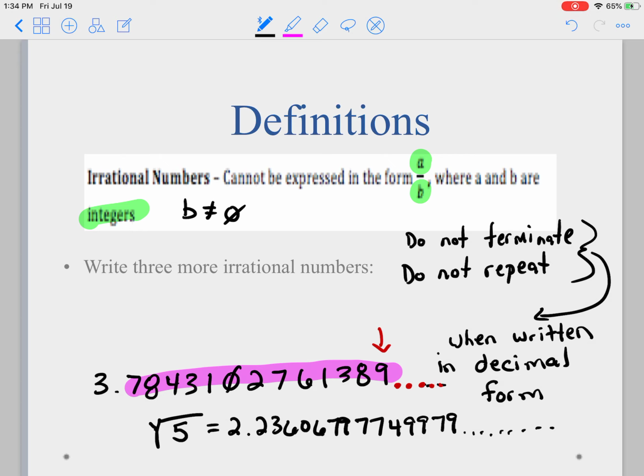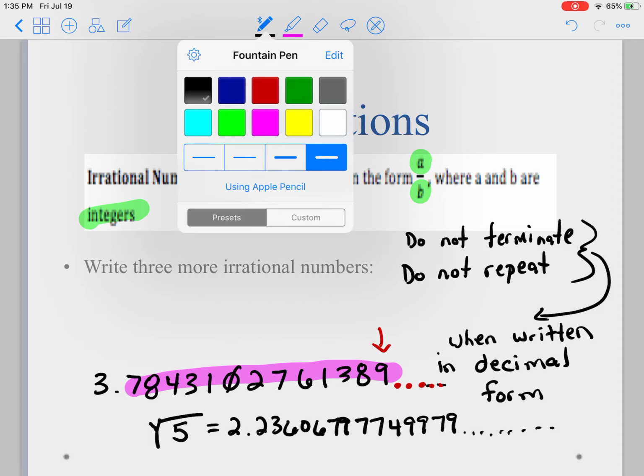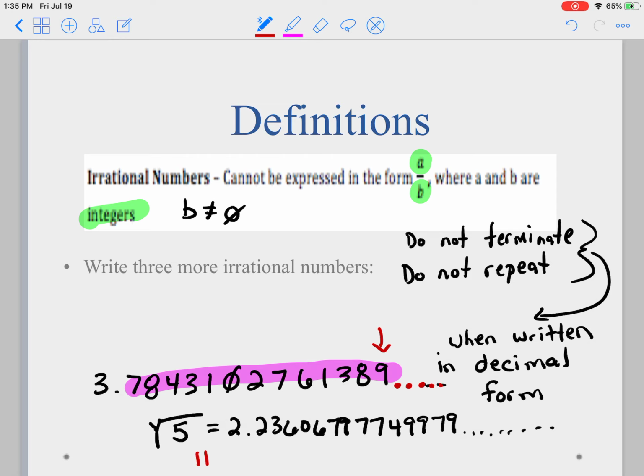And so again, that would be an irrational number. One of the more famous irrational numbers is pi. And most of you may know that it begins with 3.14, but it once again continues forever without repetition. And so these are two irrational numbers.